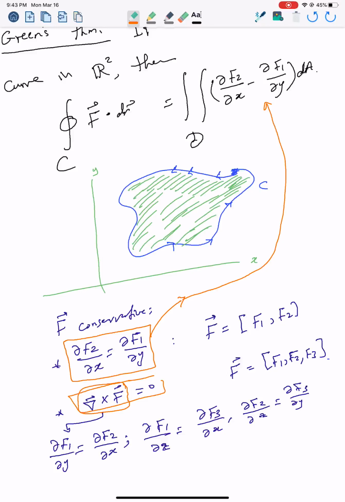This is exactly what we see inside the surface integral in Stokes theorem. So the two quantities here are related as descriptions of conservative functions. So this is why we expect to have a relation between Stokes theorem and Green's theorem. Okay, so this is Green's theorem.